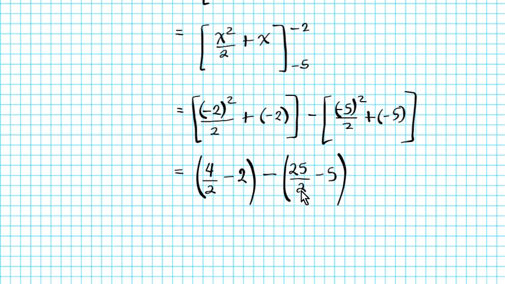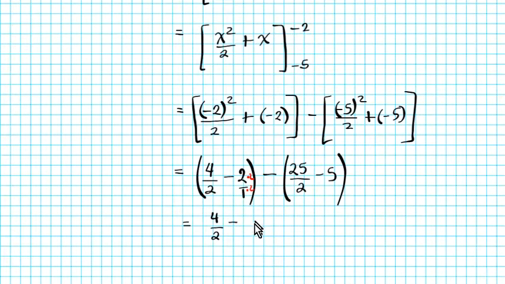Now, since we have 2 as a denominator here, we might as well express everything using 2 as a denominator, and then we can just combine all the fractions. So this becomes 4 over 2. If you express 2 as an equivalent fraction with a denominator of 2, put it over 1 and multiply it by 2 top and bottom, you will get 4 over 2.